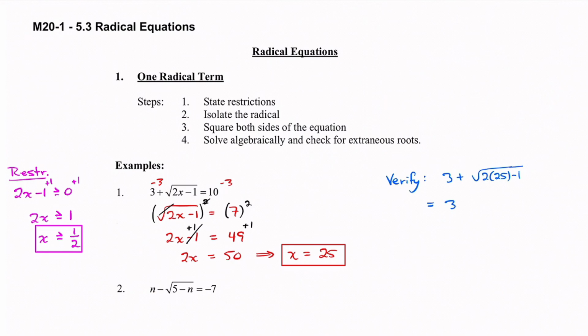So 2 times 25 is 50, minus 1 is 49, so I've got 3 plus the square root of 49. The square root of 49 is just 7, and 3 plus 7 is 10. So I did get 10. That is what we had over here in the original one. So x equals 25 is the correct answer.